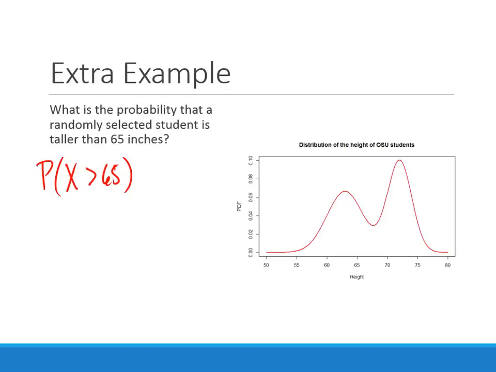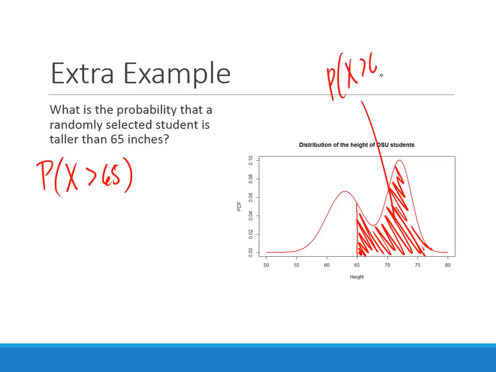If I want to shade in on my PDF the area that I'm looking for, do I want the area to the left or to the right? To the right, of course, since I want the probability that my student is taller than 65 inches. So this here is the area that I'm looking for. This is the probability that x is bigger than 65.